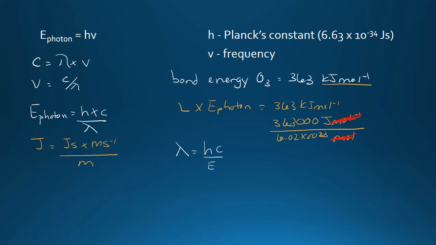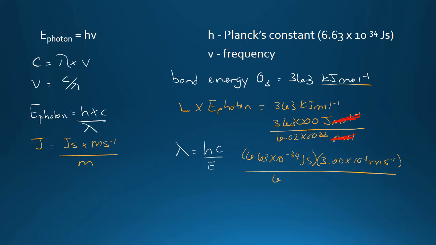All right, so Planck's constant is 6.63 times 10 to the negative 34th joules second, times that by 3.00 times 10 to the 8th meters per second.